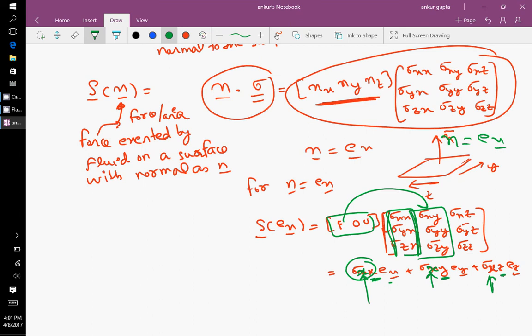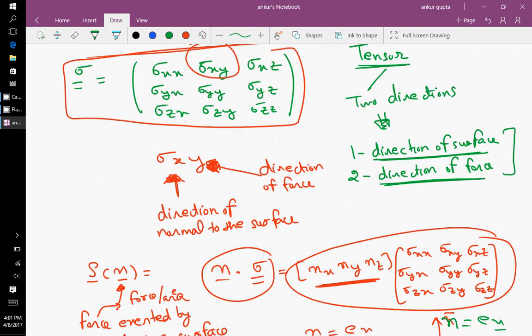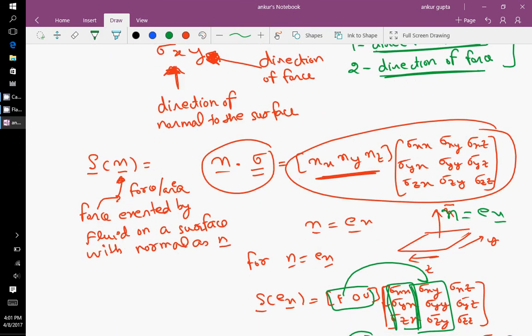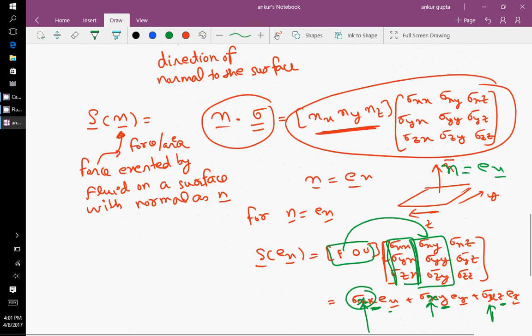The first subscript is only x because the surface normal is only in the x direction. So this is how we go from a stress tensor to a force per unit area, given that we have defined the surface with normal nx, ny, nz, or for an example of n equal to ex, this is how your force will look.